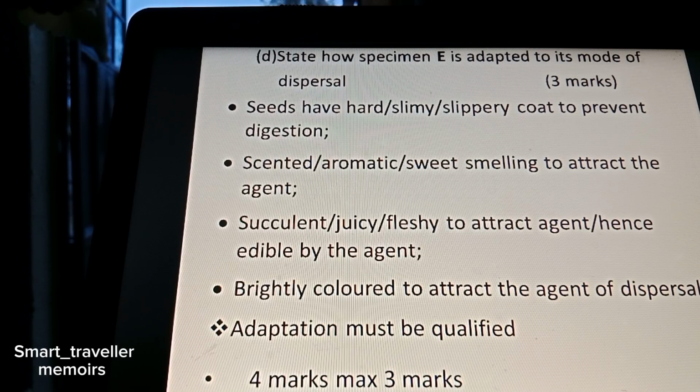Those are three alternatives. I beg your pardon there. It is scented to attract the agent, or aromatic to attract the agent, or sweet smelling to attract the agent.